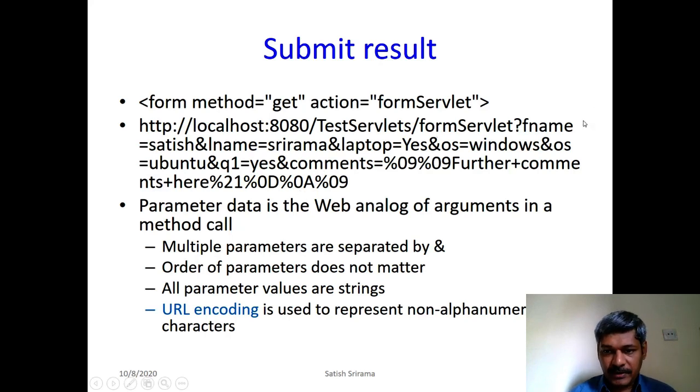There can be multiple parameters. For example, here is first name, which is Satish, and the last name. Multiple parameters are separated by the ampersand. The order of parameters does not matter. All parameters and values are strings. And if there are any special characters, then we have to use URL encoding to represent non-alphanumeric characters.